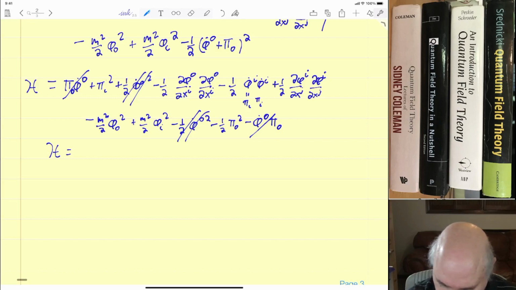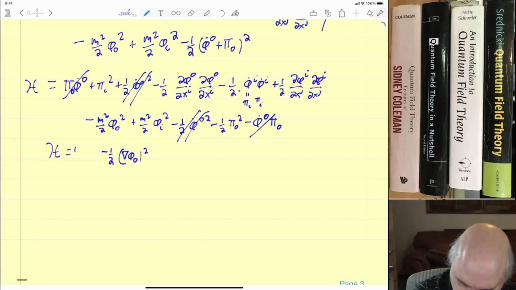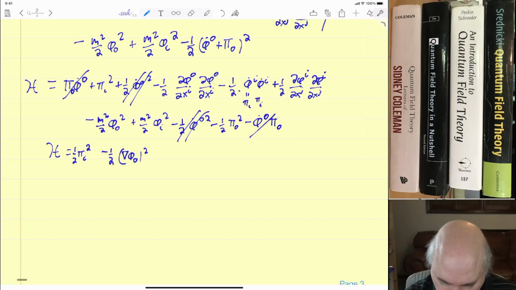Okay, I'm going to come back to this term because I know it, so I'm doing something wrong there. So I have minus 1/2 the gradient of phi 0. This term over here, I left that. This is minus 1/2 pi I, so that cancels that. So I have 1/2 pi I squared minus 1/2 that.